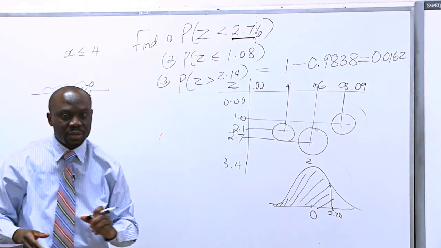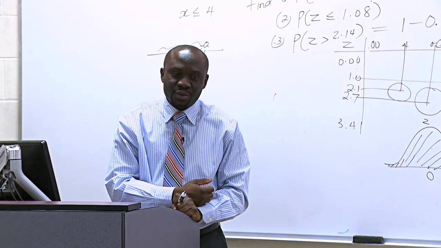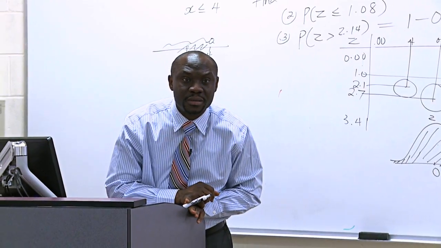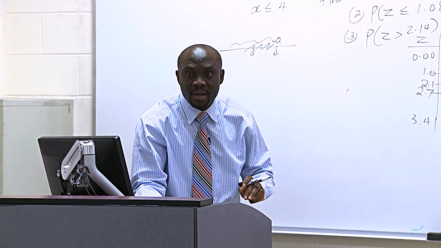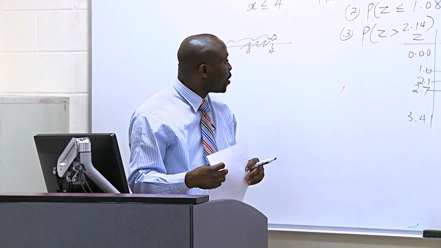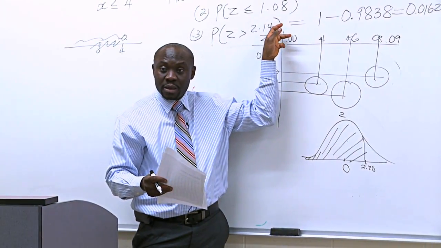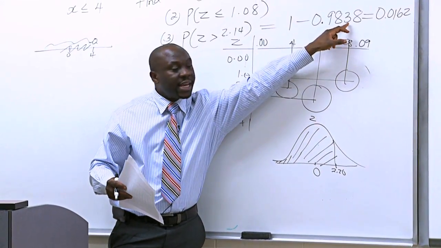Do we always graph before we do the calculation? It's advisable to do so. Any other concerns? More examples then. In all the cases, for the graph, we had 0.9838.